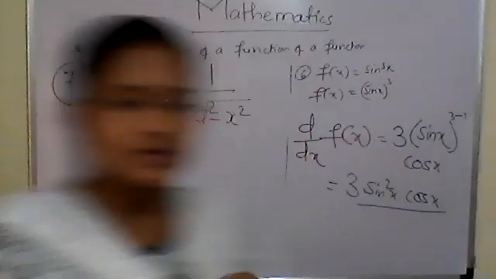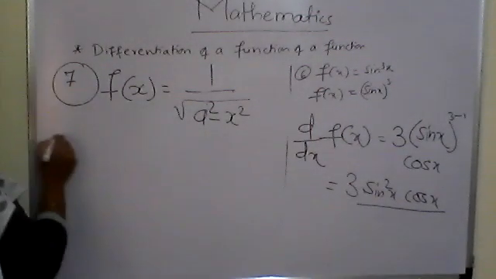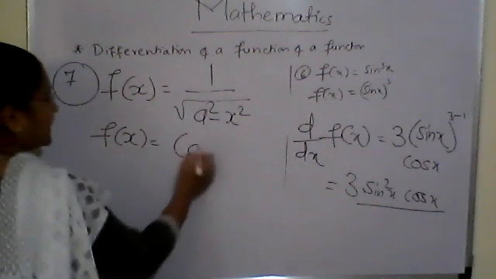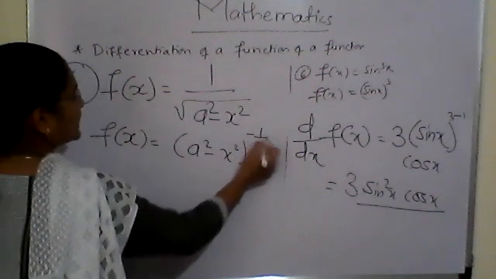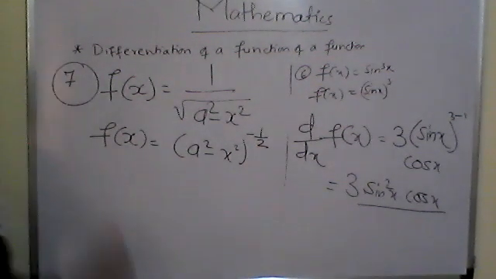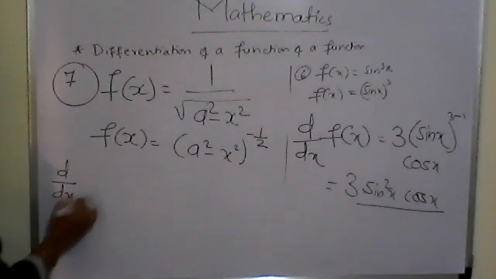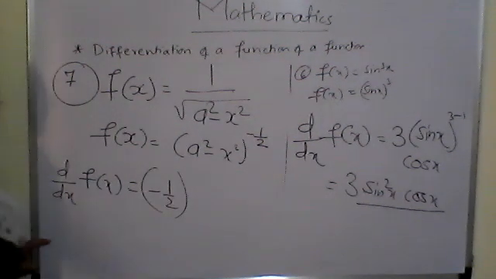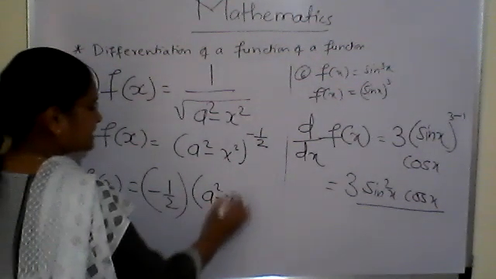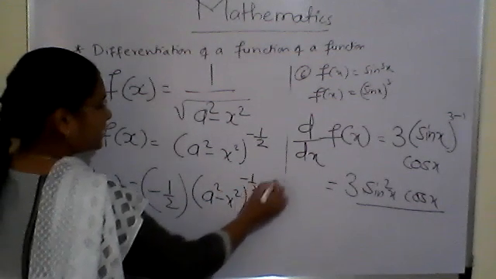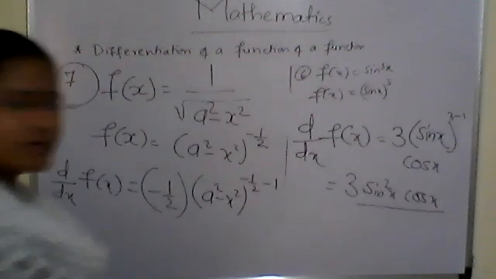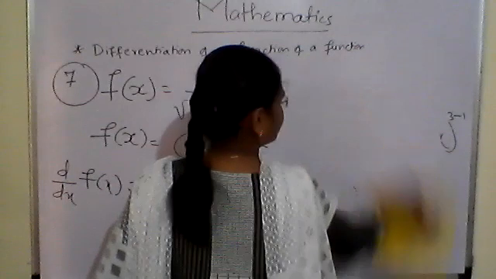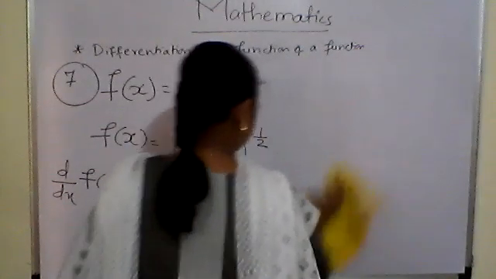So f of x is a square minus x square raised to minus 1 by 2. Now we'll differentiate: minus 1 by 2 into a square minus x square raised to minus 1 by 2 minus 1, into minus 2x.